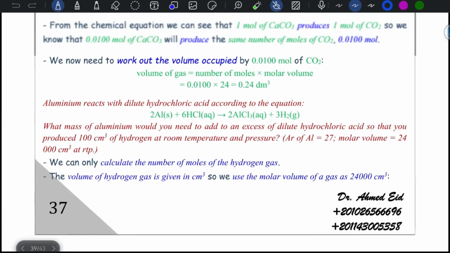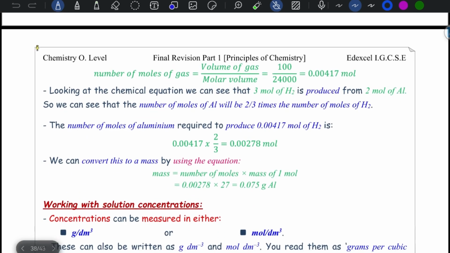But remember this, 3 moles of hydrogen or 2 moles of aluminium, different ratio. So you will just write the moles of hydrogen, and it must be multiplied by 2 and divided over 3.